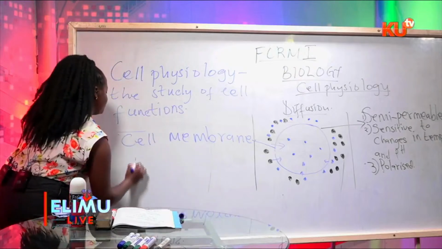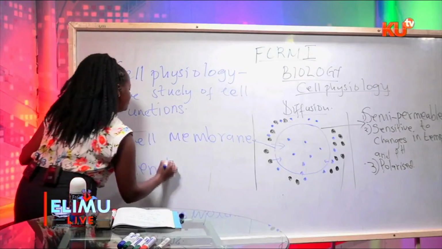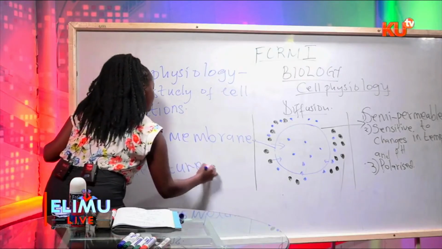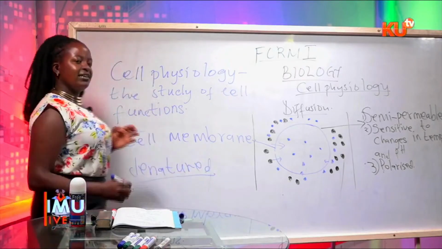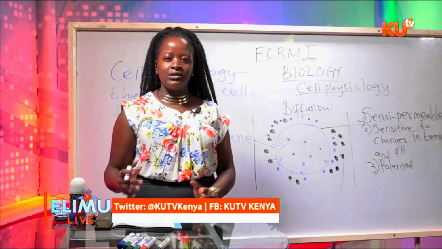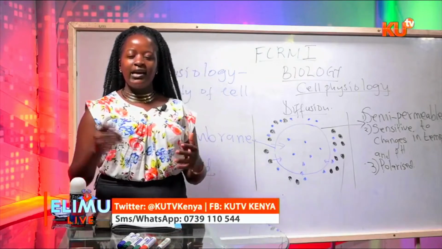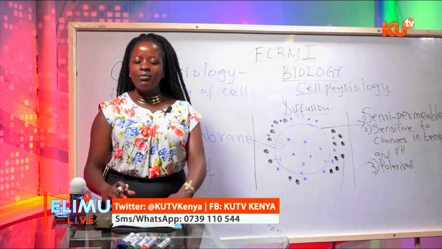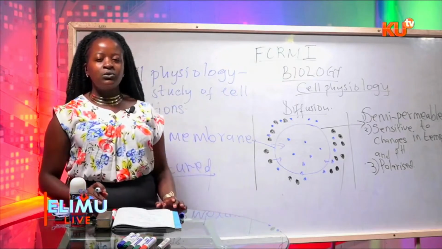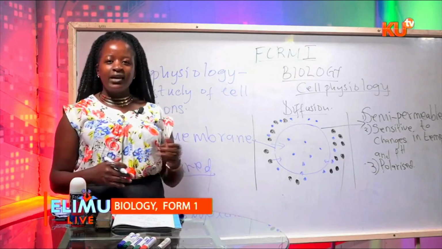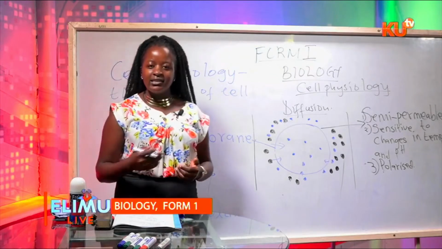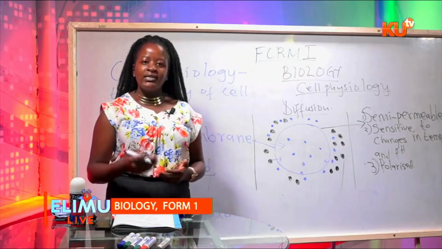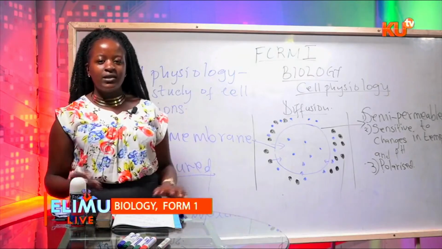Denatured means that the protein will get destroyed. And if the protein in the cell membrane gets destroyed, that cell membrane cannot allow materials to get into the cell, and it cannot allow materials to get out of the cell.